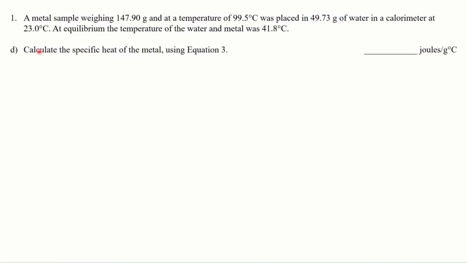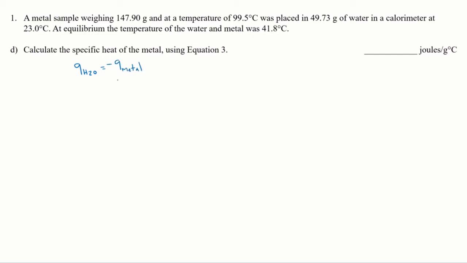Part D states, calculate the specific heat of the metal using equation number 3. Now before we look at equation number 3, we should really look at equation number 2 as well. Equation number 2 in your introduction states that Q of water is equal to negative Q of metal.